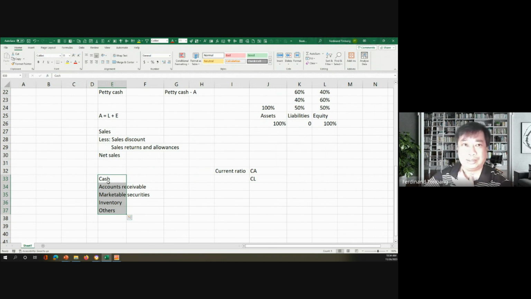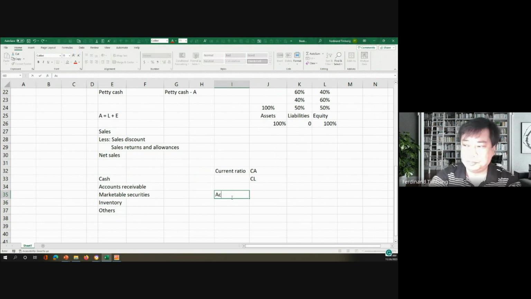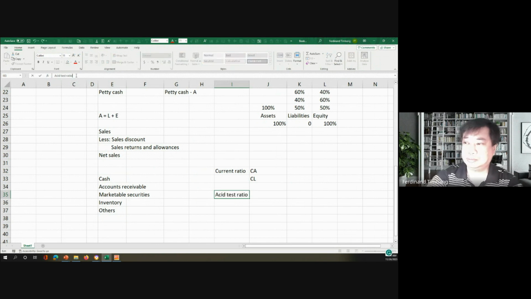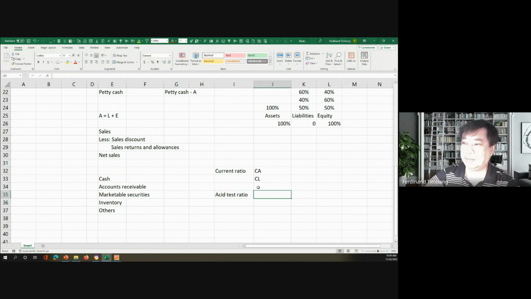Then they improve that to the acid test ratio. In-improve nila yan. So this time, they improve this current ratio to acid test ratio by removing these two.